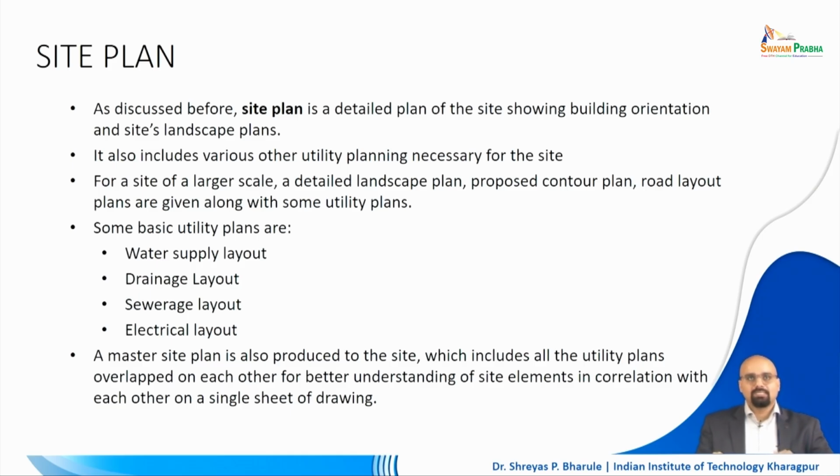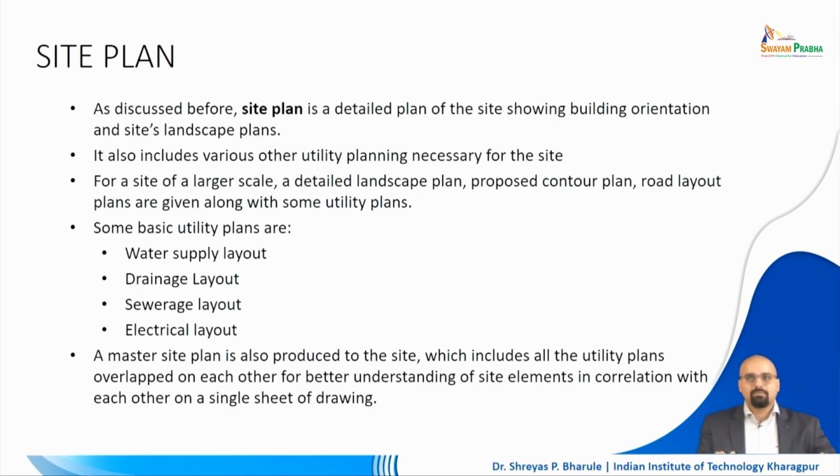Now, as we discussed earlier, the basic utility plans which are to be provided are close to mandatory. Yes, you need to provide all of this as a preliminary layout or a primary direction for the contractor to lay the utilities on site, right. This is within the site boundaries. So, what are the basic utility plans to be provided?